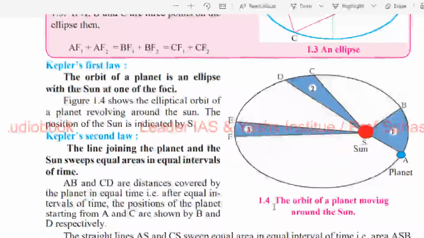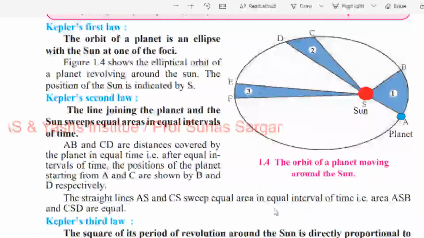Figure 1.4 shows the elliptical orbit of a planet revolving around the sun. The position of the sun is indicated by capital S in the diagram.